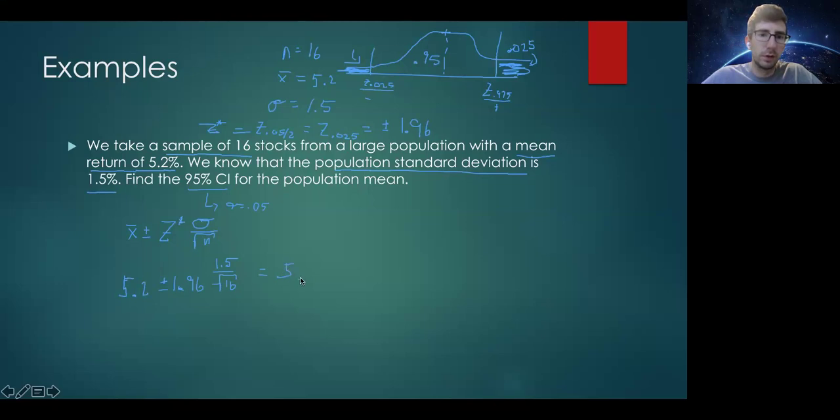So just doing this step by step, we still have the 5.2 plus or minus 1.96. And I'm just going to do that square root of 16 is 4, right? 4 times 4 is 16. So the square root of 16 is 4.